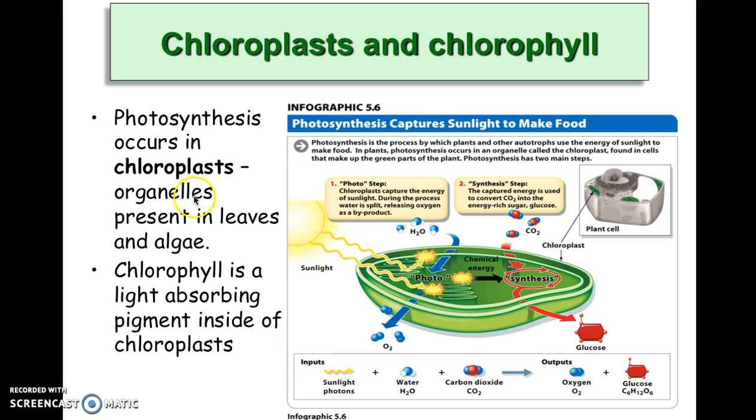In that first step, water molecules, which for a plant have traveled through the roots from the soil up the stem and into the leaves, are broken. The hydrogens and the electrons are going to be used to make carbohydrates. Oxygen here is a waste product.